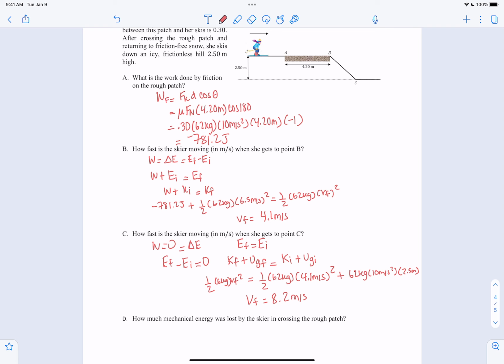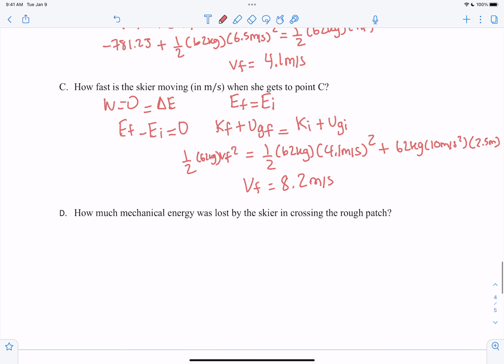Part D is basically asking how much mechanical energy was lost by the skier in crossing the rough patch, right? And so the mechanical energy that's lost would be equal to the thermal energy, basically. The thermal energy, right, would be due to friction and stuff.